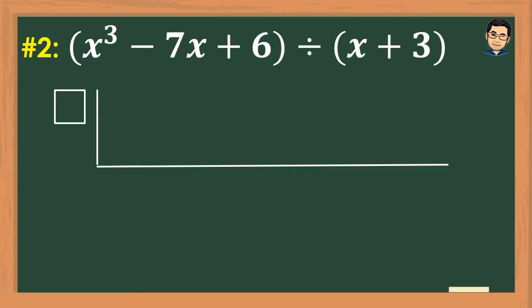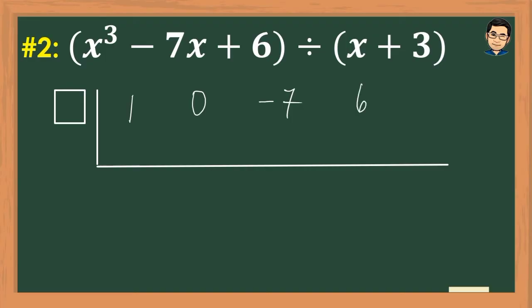So, isulat lang muna natin ngayon yung mga coefficients ng given polynomial. Yung coefficient ng x cubed is 1. And then, yung nawawala nating term na x squared, isusulat lang po natin 0. And then, yung numerical coefficient ng negative 7x is negative 7. And then, the constant term, 6.